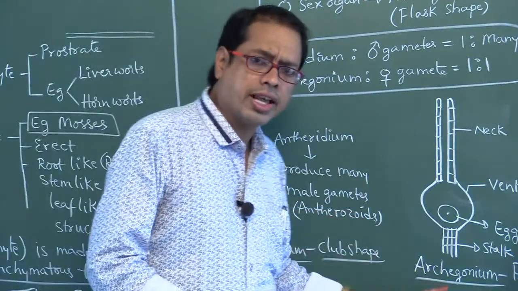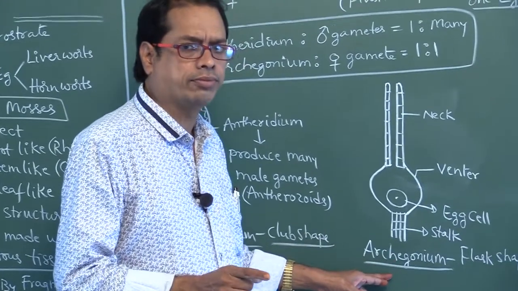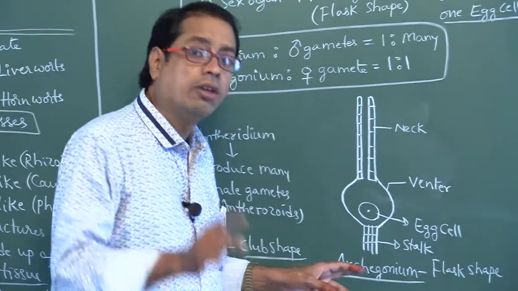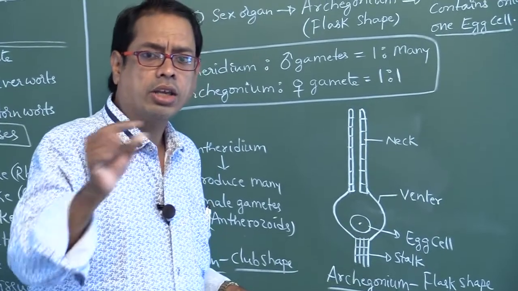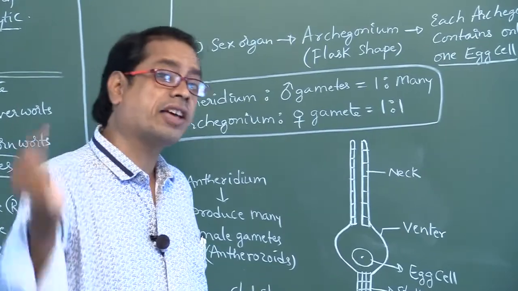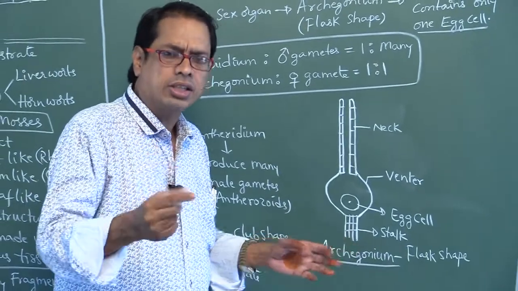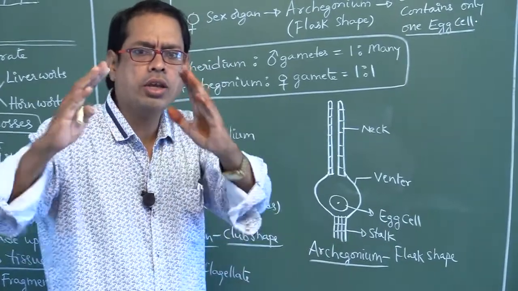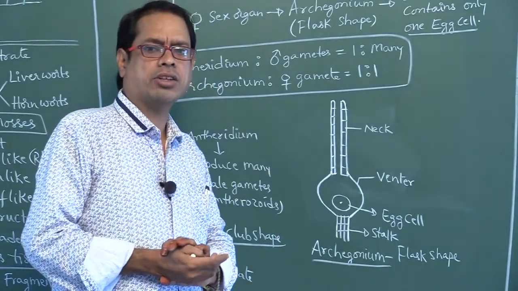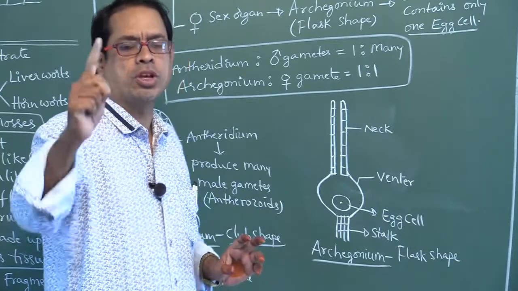Now let us see the diagram of the female sex organ, called Archegonium. Archegonium is first found in Bryophyta and last found in Gymnosperms. Plants that possess Archegonia as the female sex organ are Bryophyta, Pteridophyta and Gymnosperms.